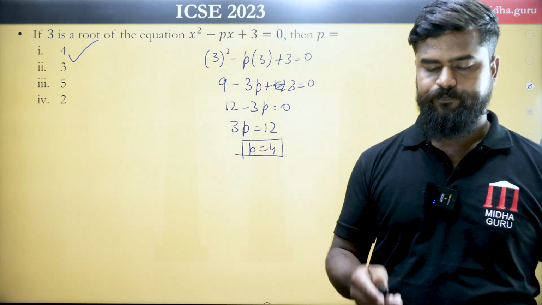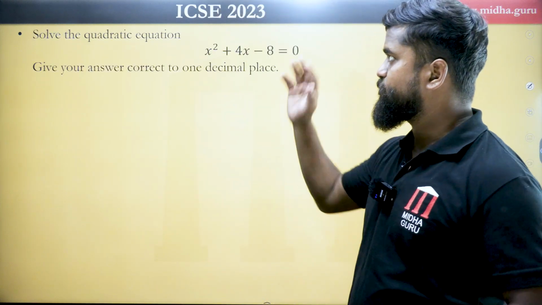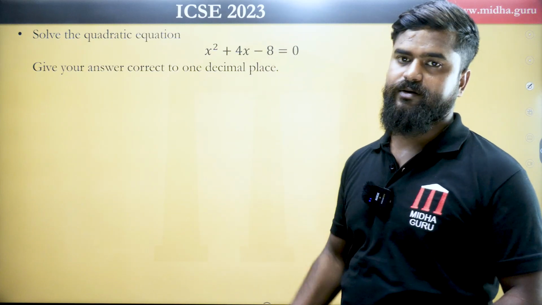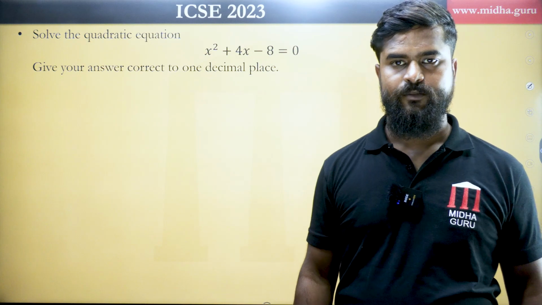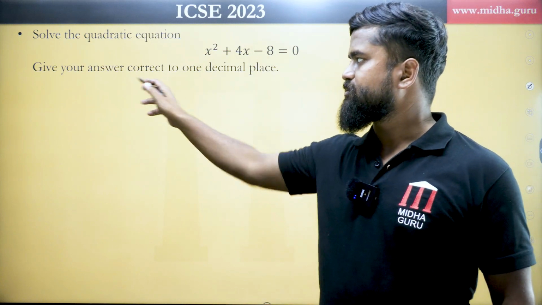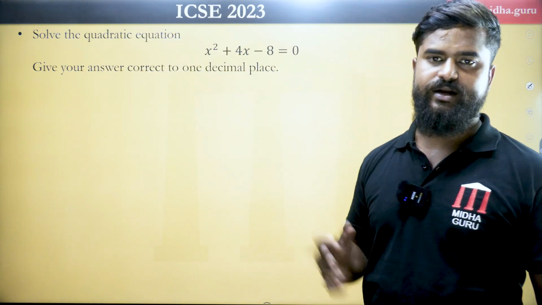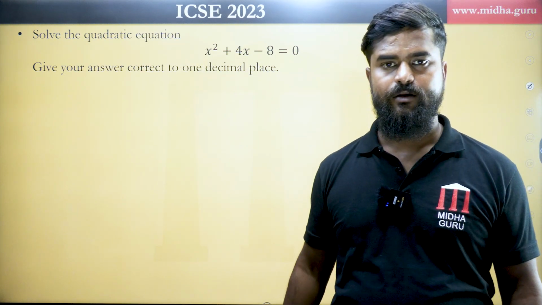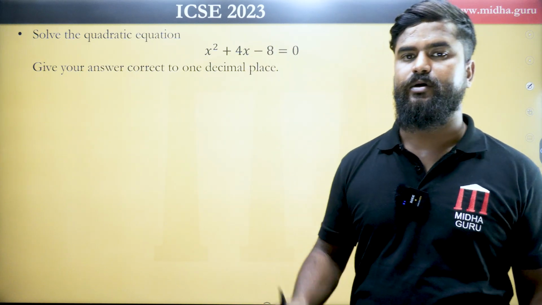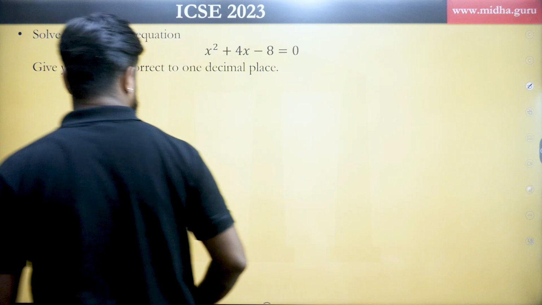Now the next question, this was also from 2023, was this quadratic equation x square plus 4x minus 8 is equal to 0. So now we'll solve this question and see there's a trick. Every time the question says something like this, that is give your answer correct to 1 decimal place or 2 decimal places, you know for sure that you are supposed to solve this equation by the quadratic formula.